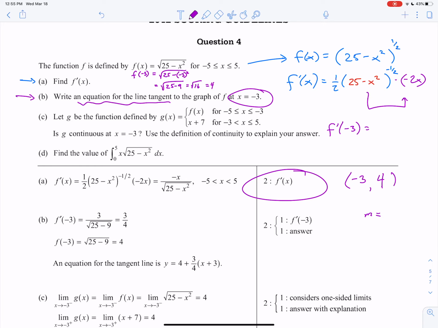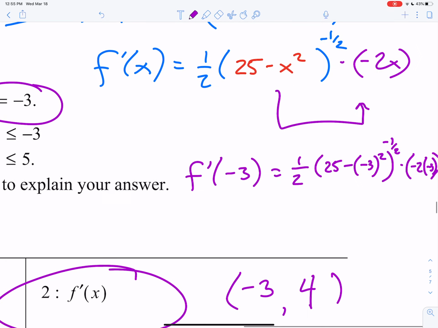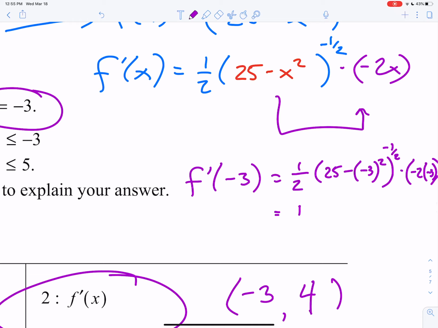So I'm going to go ahead and plug in -3 into x here. I'm going to have 1/2 times 25 minus -3 squared to the negative 1/2, sorry, times -2 times -3. Okay? So this gives me 1/2 times, if you work on the inside, it's 16 to the negative 1/2.